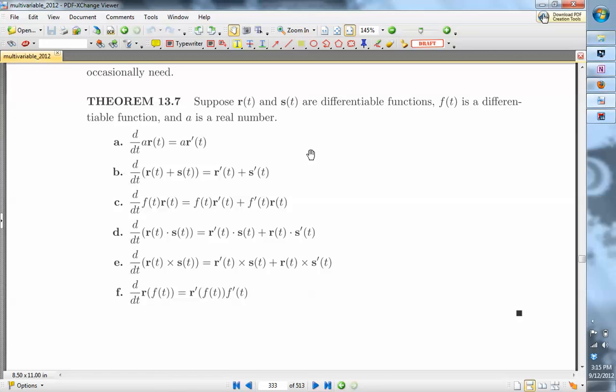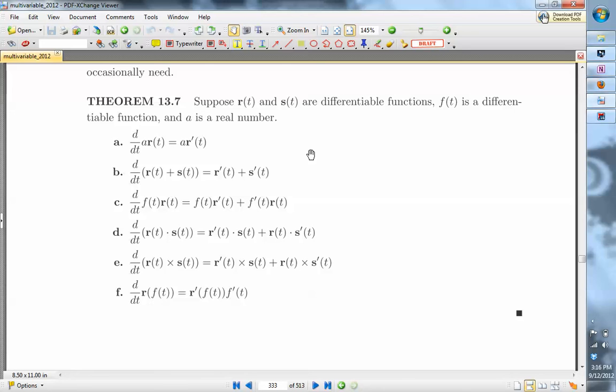And once you're in there on each of the components, you're back in Calc 1. So what's really happening here is you're adding these two guys together. How do you add them together? Component by component. How do you differentiate them? Component by component. And then once you're inside the components, you're in Calc 1, and differentiation distributes across addition.